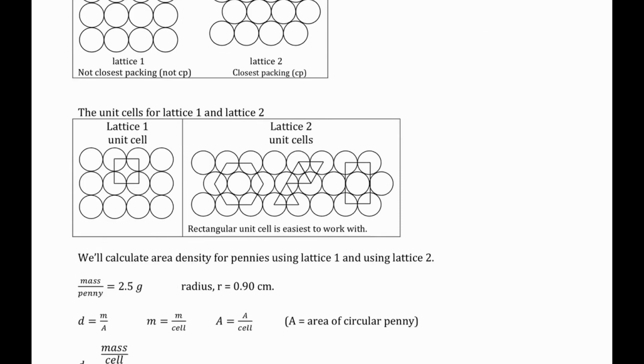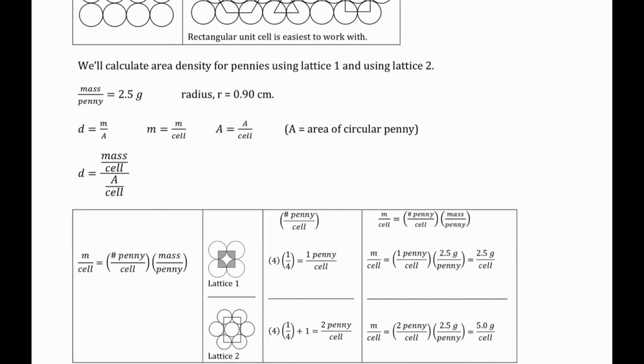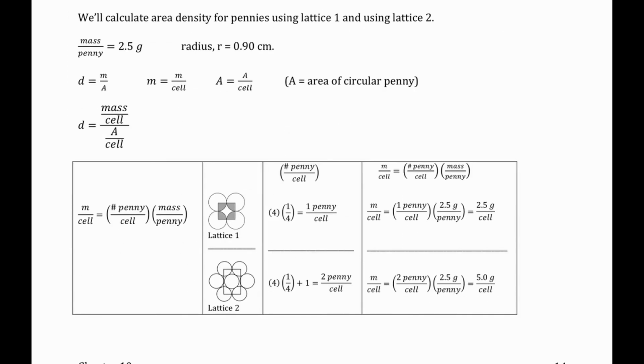All right, so we're going to calculate the area density for the pennies from lattice 1 and from lattice 2. To compare it, well, actually, I don't have a comparison area density, but we do have comparison densities for metals.